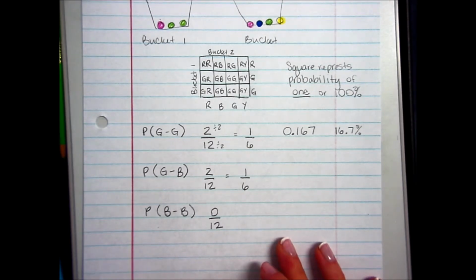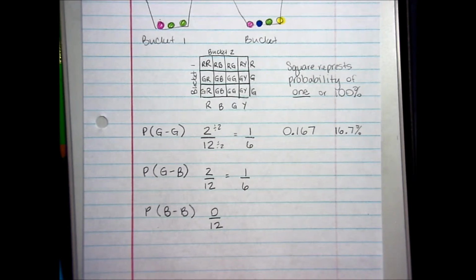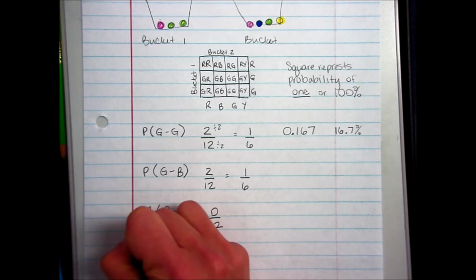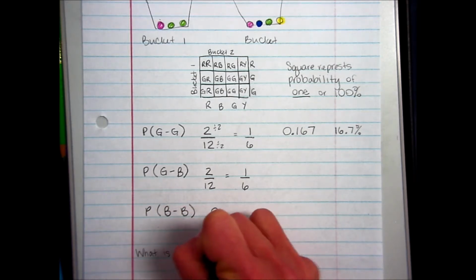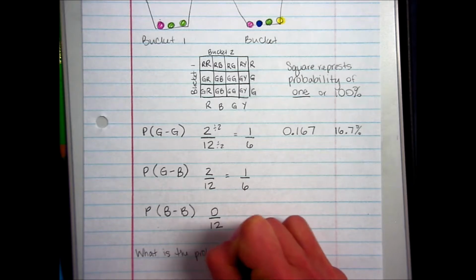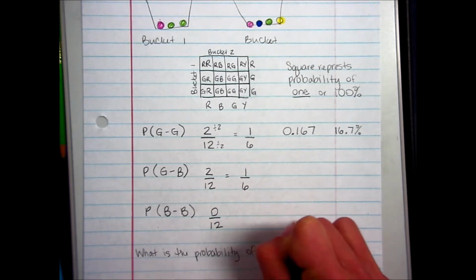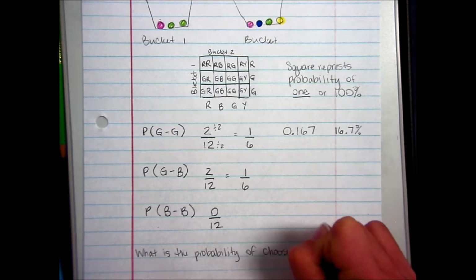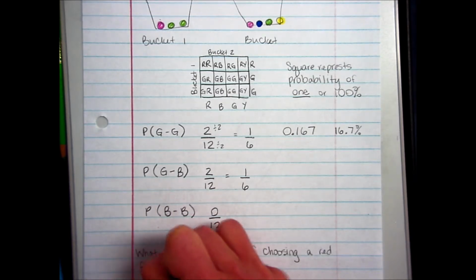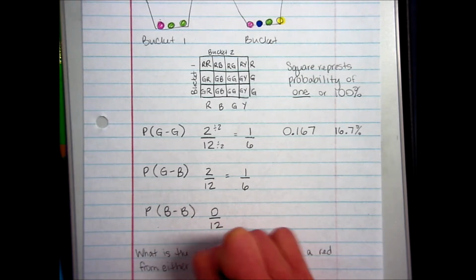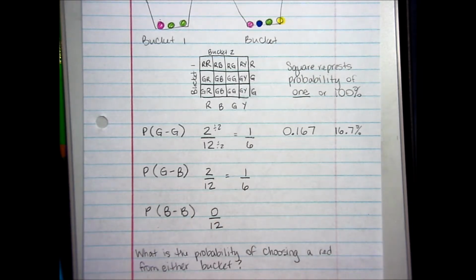Okay, what's the probability of choosing a red from either bucket? Let me write that down. Now I just need to pick a red.